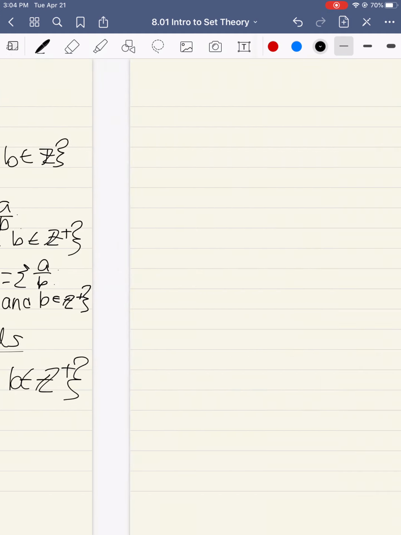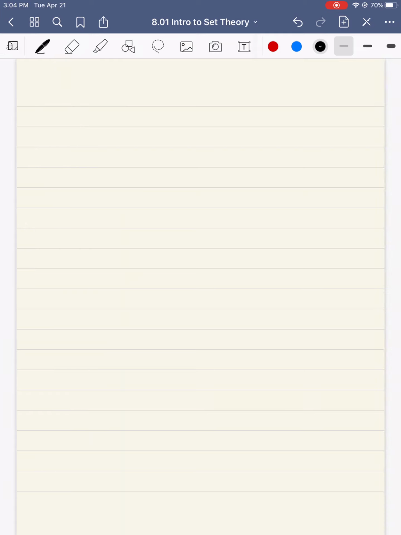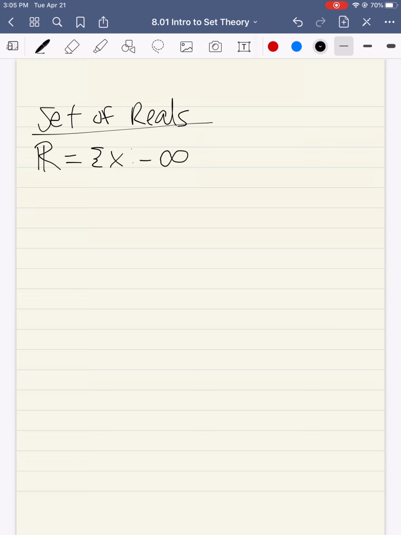So moving on to the set of real numbers, we have a symbol for this, and this is R with kind of 2 spines, I would say. And this is just any value between negative infinity and positive infinity. So it's literally anything.